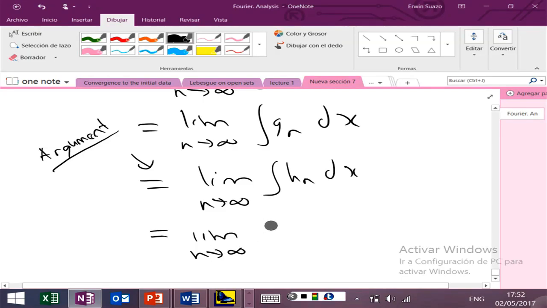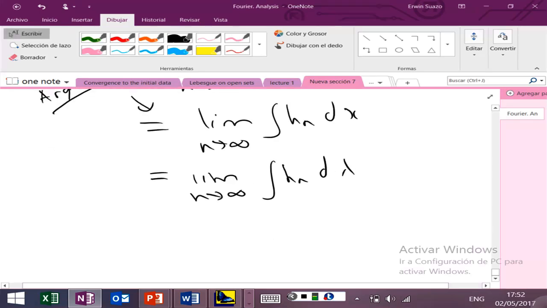The Lebesgue and the Riemann integral agree, and then this is the limit.